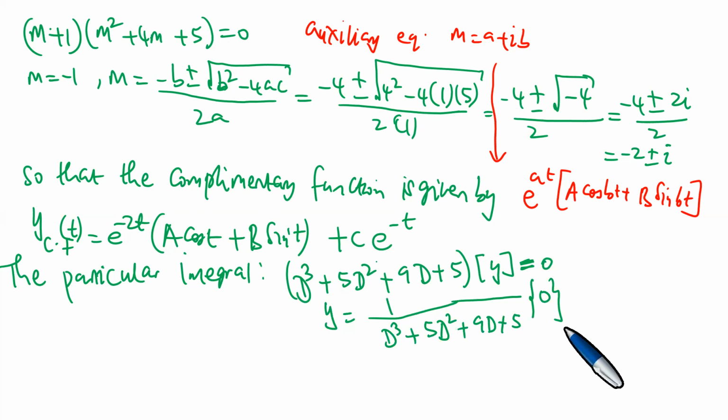So in the end, this is 0. No matter whatever you get out of these, it's just going to become 0. So this one is the particular integral. The particular integral becomes 0.